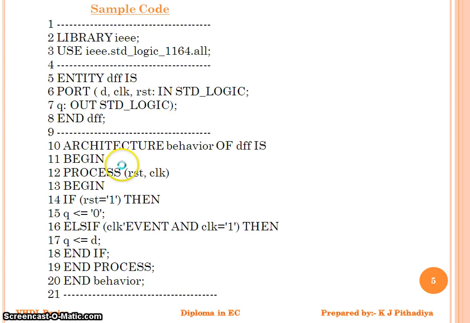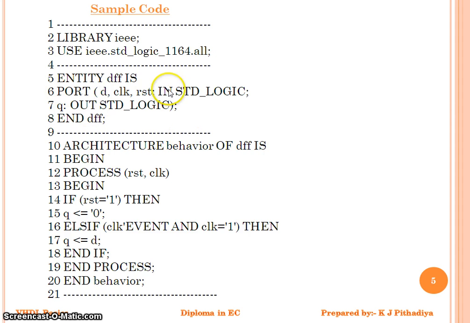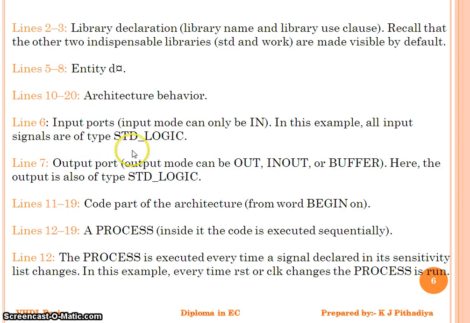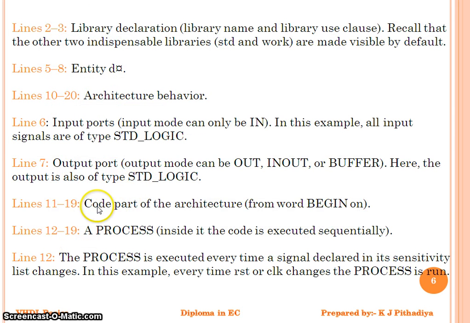Line number 6 defines the input ports. Line 7 defines the output port. Lines 11 to 19 are the code for the architecture. Here we have defined a process. The code apart from the architecture word starts from the word begin on.